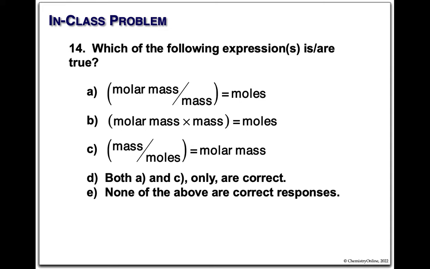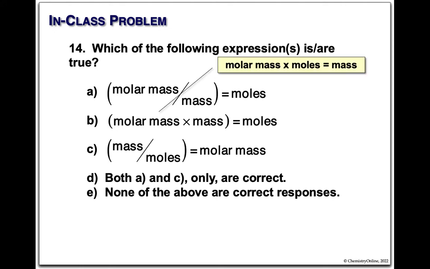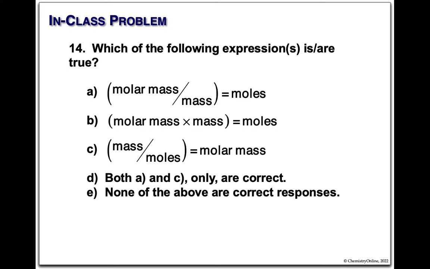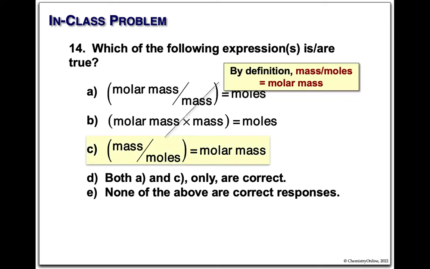No. Again, molar mass multiplied by moles gives mass, but not the other way around. Mass divided by the number of moles is molar mass. Well, actually, that sounds right, doesn't it? The number of grams per mole is the molar mass. So yeah, that's right.